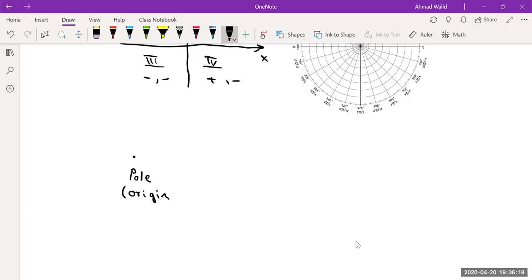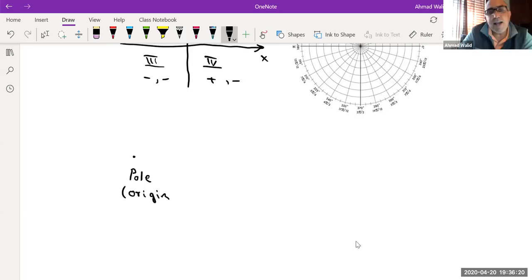After that, you draw a ray on the right side of this point. You always draw it on the positive side of your pole, correct? We call this one the polar axis.